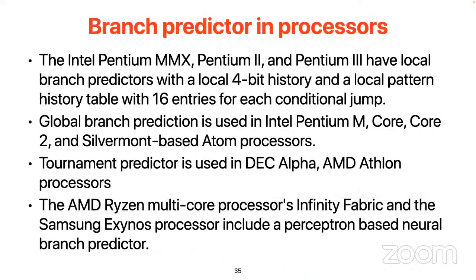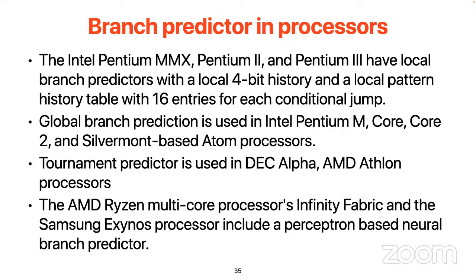And the branch predictor in modern processors is very complex, and it was one of the most popular research topics by the end of the last century in computer architecture research. It turns out that nowadays people are using a lot of fancy predictors in commercialized products.